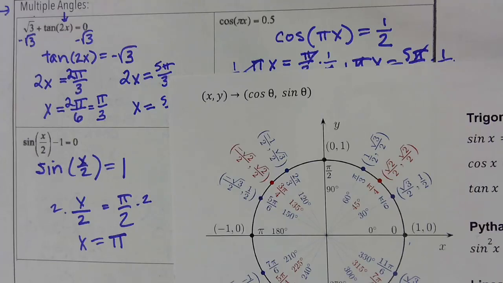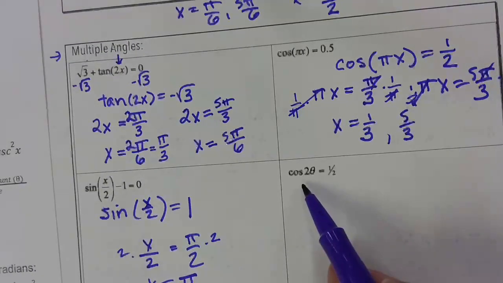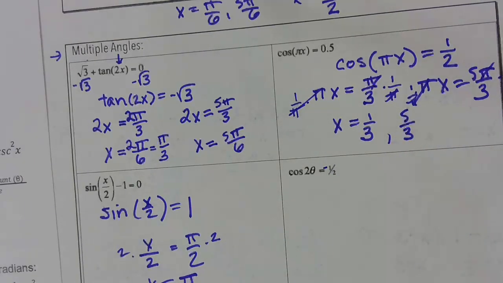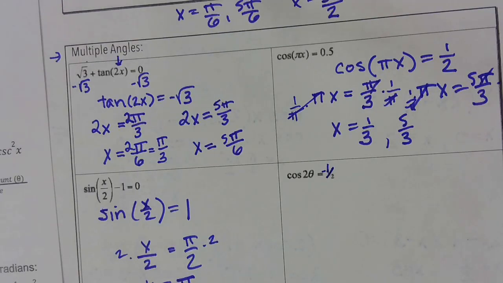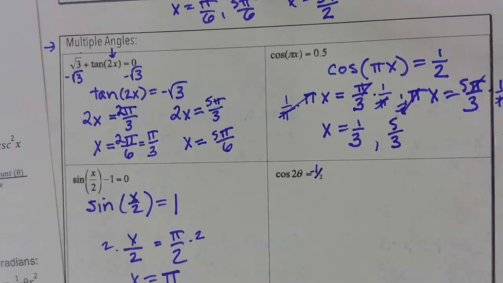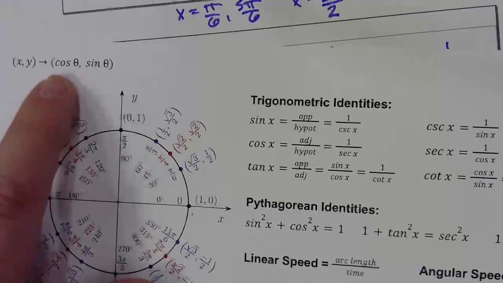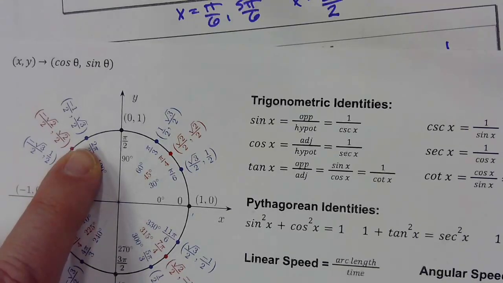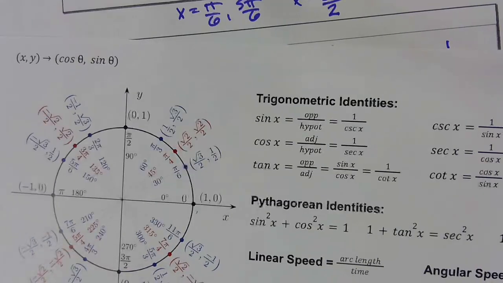And last but not least, where is cosine, again, 1/2? Why don't we throw a negative 1/2 in there just for funsies? Let's make it negative 1/2 because we've talked about positive 1/2 a lot. So where is cosine negative 1/2? It's at 2 pi over 3 and 4 pi over 3.